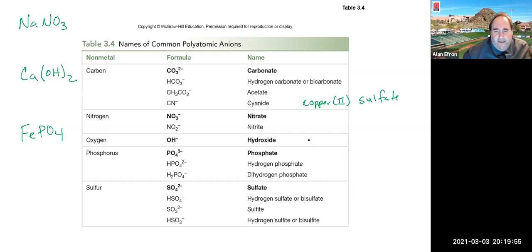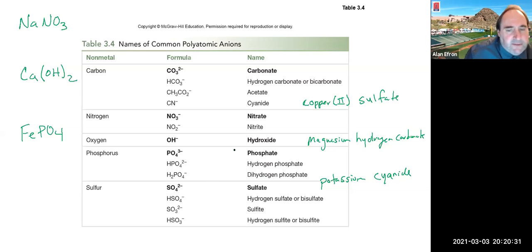Let's do magnesium hydrogen carbonate, and let's do potassium cyanide. All right, why don't you take a few minutes here and see what you come up with.